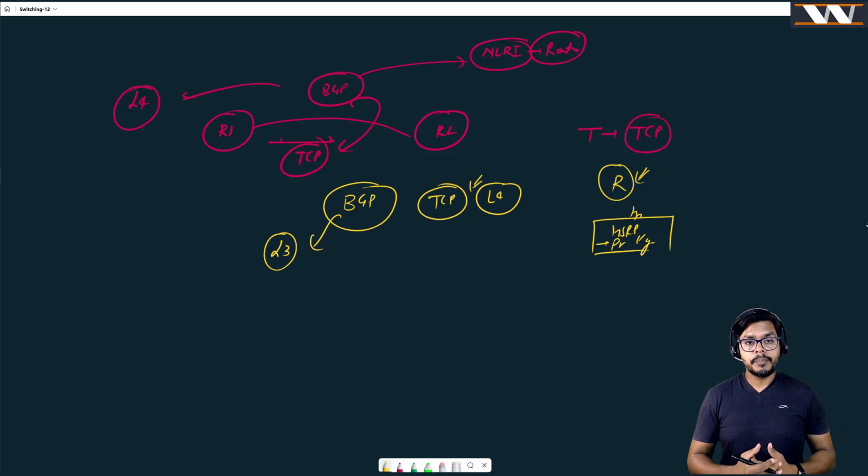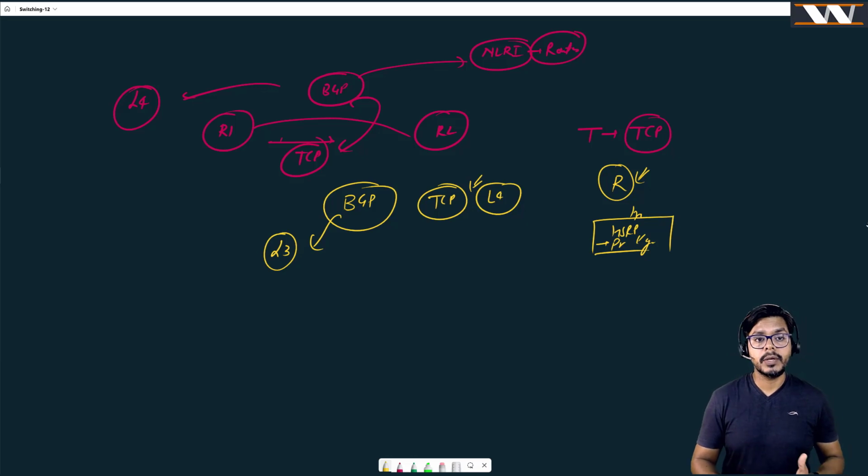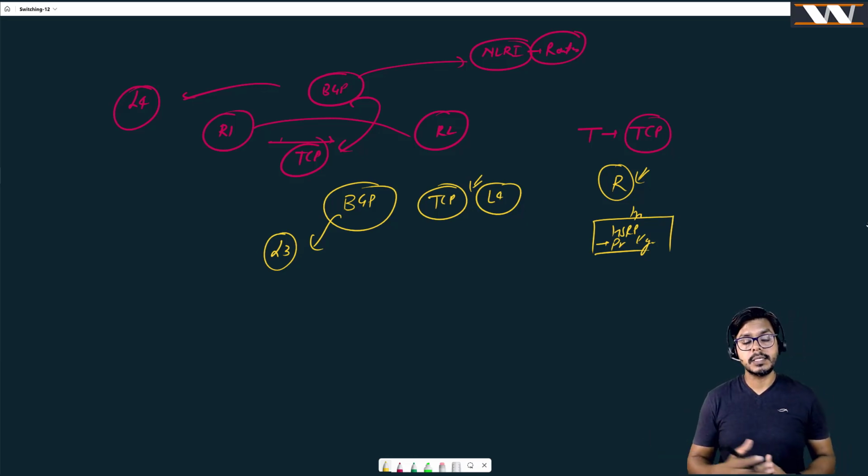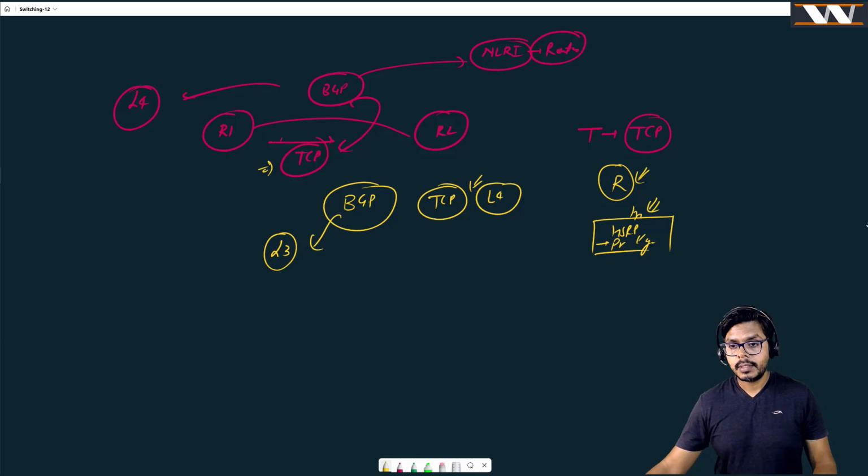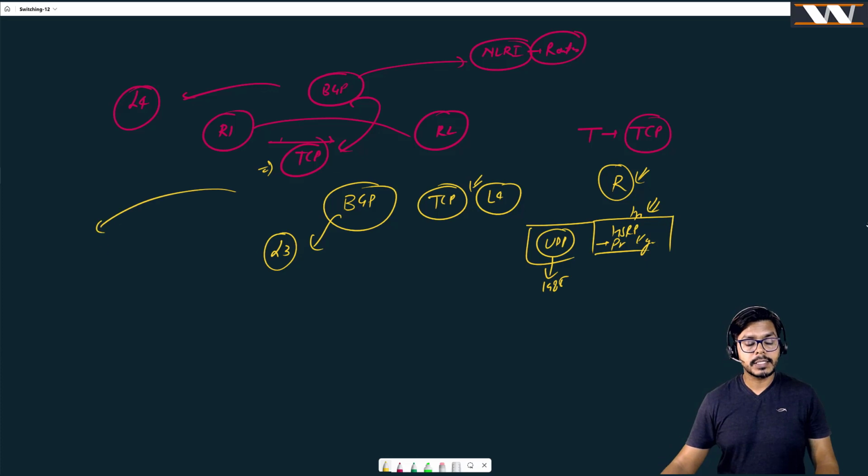BGP developers were not interested at all in developing a new protocol which can send BGP messages, so they used TCP. HSRP developers used UDP so that these messages can be delivered. They chose a specific standard port, 1985, so that whenever a message is received at port 1985, the router understands that this is for HSRP over UDP. As simple as that.